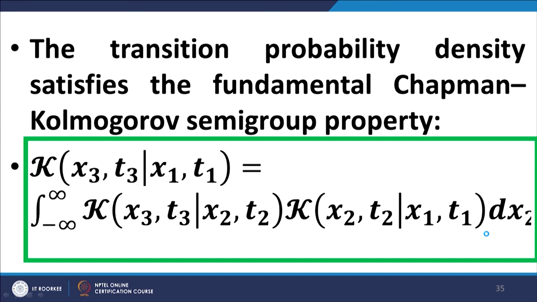The semigroup property, the property of the Chapman-Kolmogorov equation: the probability of moving from state 1 at time t1 to state 3 at time t3, if you intervene at a particular point in time t2, you can integrate over all possible states at time t2 that connect state 1 to the states at time t2, and then from those states at time t2 to state 3 at time t3.